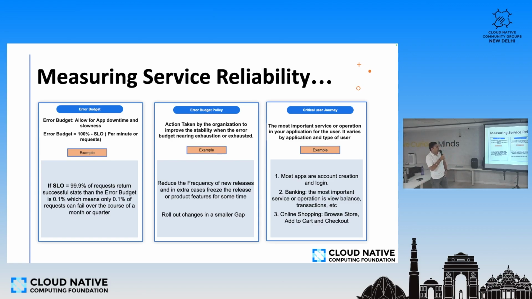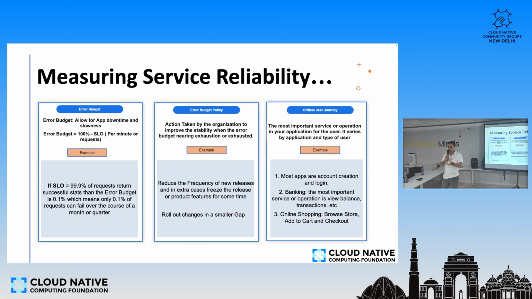Now, critical user journey. Most of the time people ask, if I have to make every service reliable, then it is going to be very costly, right? Because now you have to have a duplicate copy of the services. So what is a critical journey? Not every service is critical for you. Say you have an internet banking application.